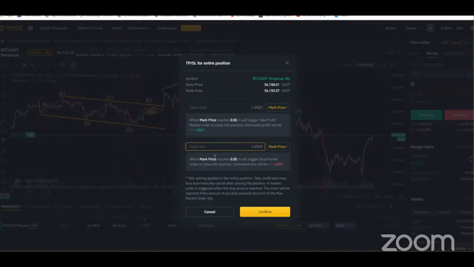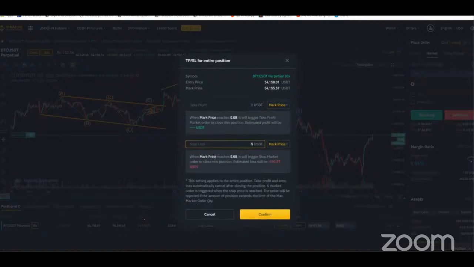Let me just put 53,000 there. With this, we are saying that our stop loss is roughly $6. So if price gets to 53,000, we want to be out of position. We are only risking 5.79.